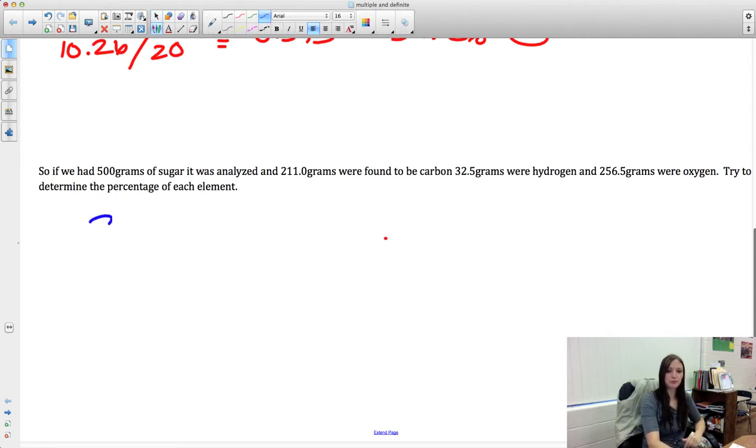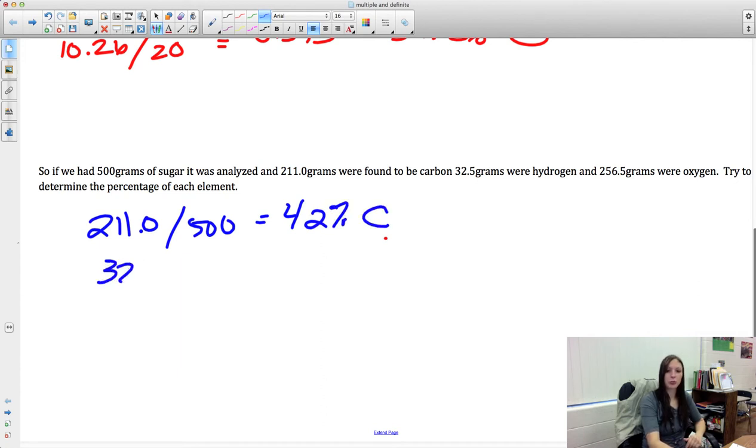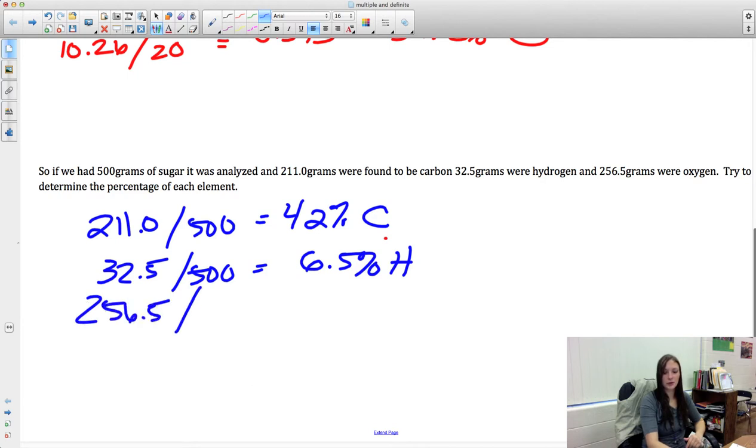So let's see. 211 divided by 500 is, oh, look at that, 42% carbon. 32.5 out of 500 is 6.5% hydrogen. 256.5 out of 500 is 51.3% oxygen.